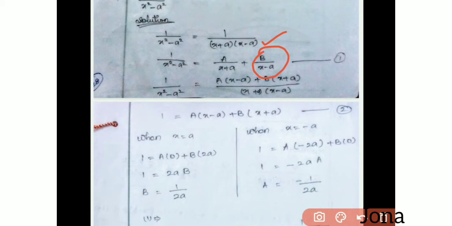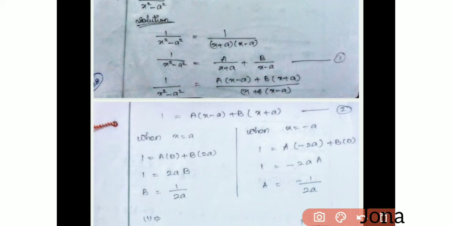Just introduce two constants, keep them at the numerator and write the factors as they are at the denominator. In between we put the plus symbol, that's all. So the given problem 1 by x square minus a square can be partially split into two fractions like this: A by x plus a plus B by x minus a.